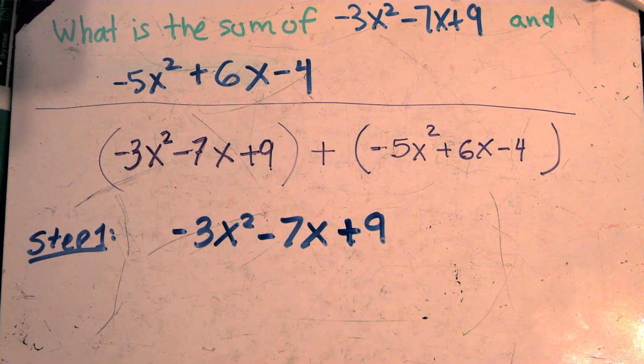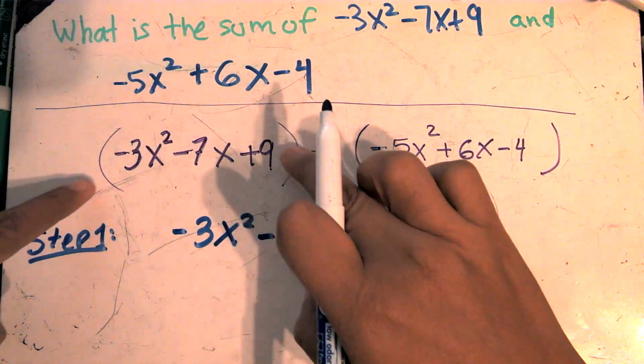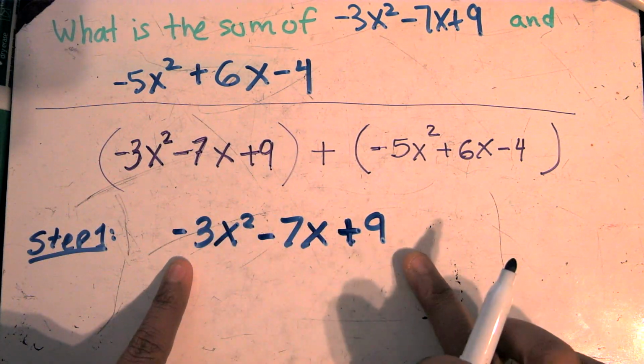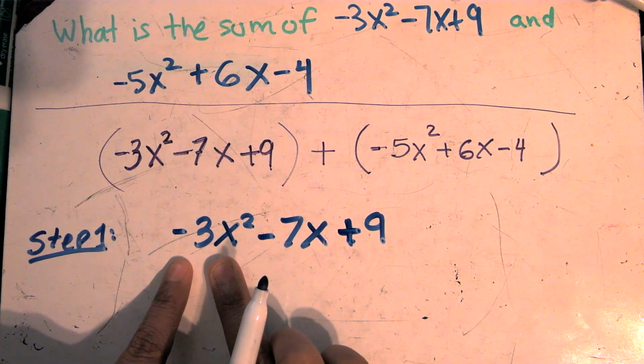Addition is a commutative property, which means the order of how I add the same numbers doesn't change your sum. So for example, 2 plus 3 is going to give me 5, while 3 plus 2 is going to give me 5.